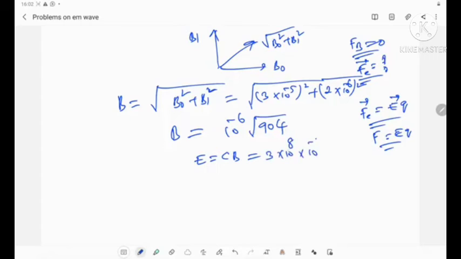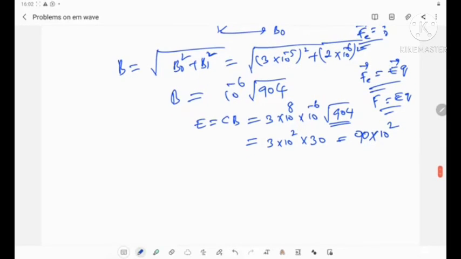B is 10 to the power of minus 6 into square root of 904. This becomes 3 into 10 square, and 904 is approximately 900, so the root becomes 30. And this becomes 90 into 10 square. This is E.